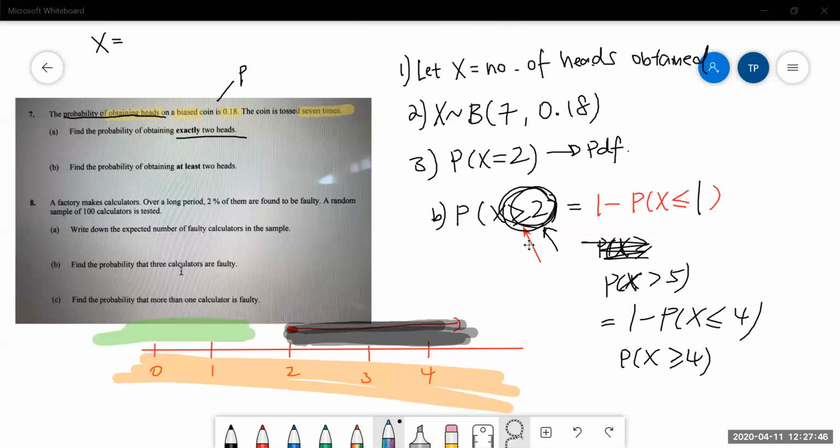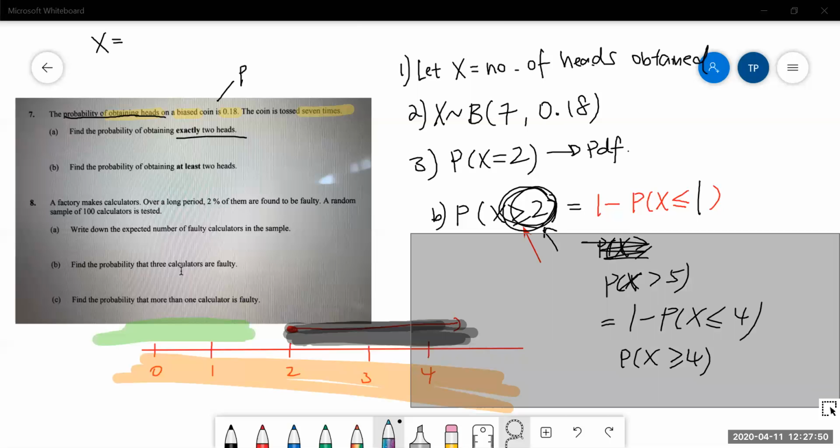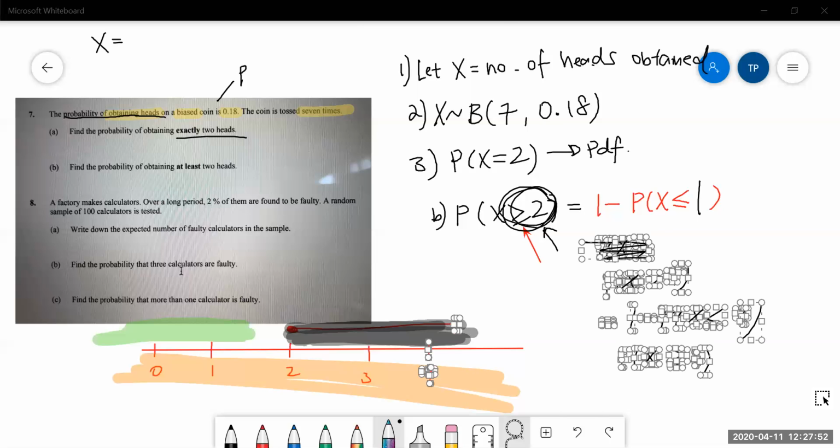Wait, then if I do things like that, then it's without calculator lah. But if it's with calculator, my GDC right, no need to do this. Oh wait, your GDC can use upper bound and lower bound. Oh, then in this case you don't even need to understand this really.